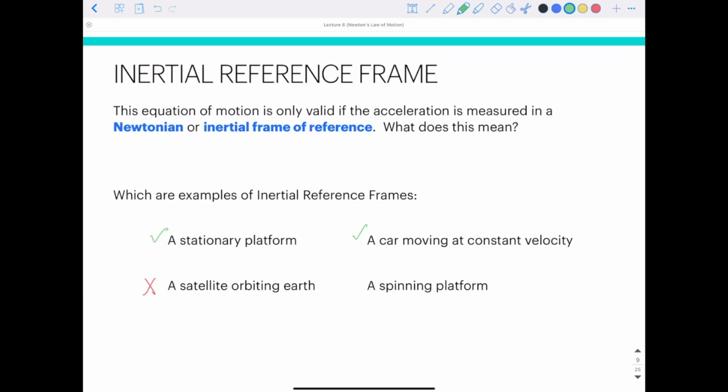Even if it is spinning at a constant rate, a particle anywhere on that reference frame, or with respect to it, would be seen to accelerate even if it's motionless because it's changing direction. So a spinning reference frame isn't a valid inertial reference frame either. So when we think of reference frames, our reference frame has to be a non-accelerating frame.